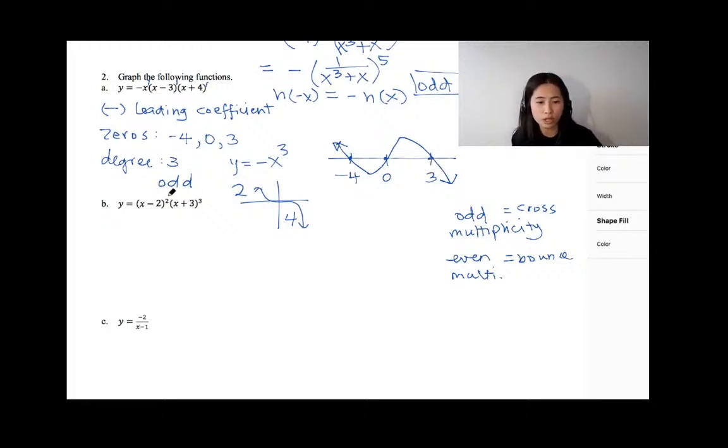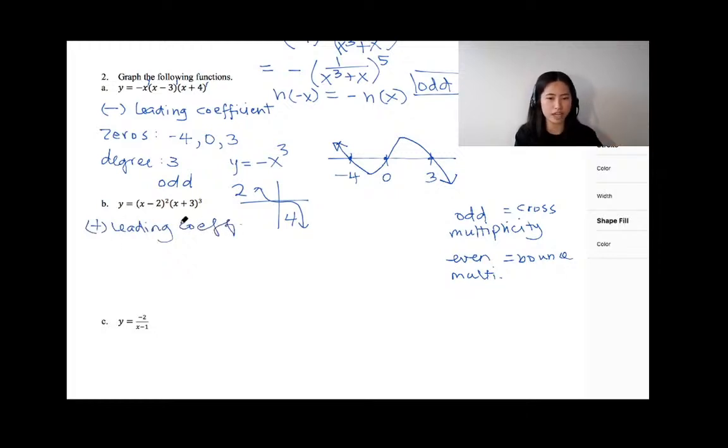But, okay, moving on to part B. If your, let's say your exponent or multiplicity in this case is odd, but it's greater than 1, you have what you call an inflection point. So instead of just crossing, so say for example, let's plot this together. So we now have positive leading coefficient.